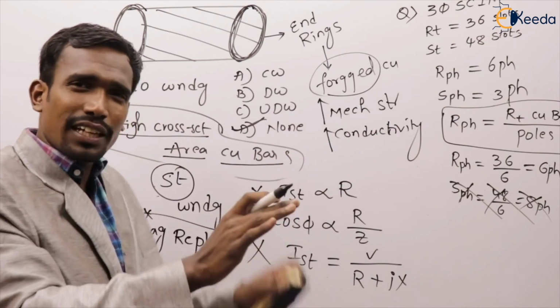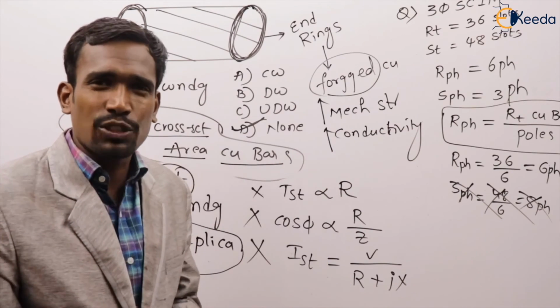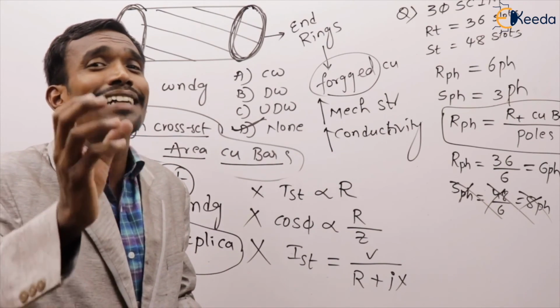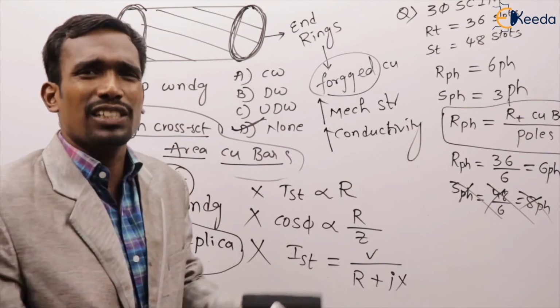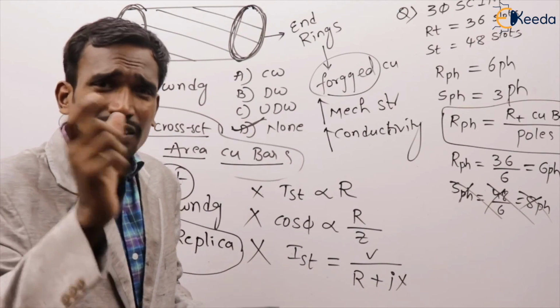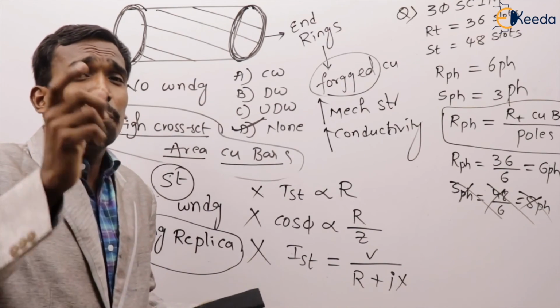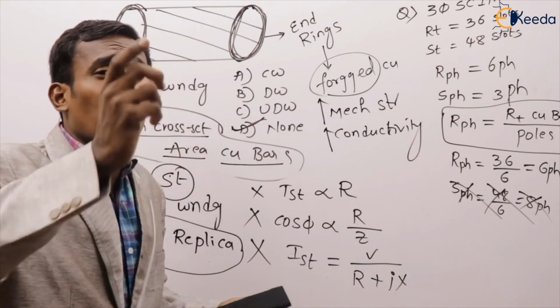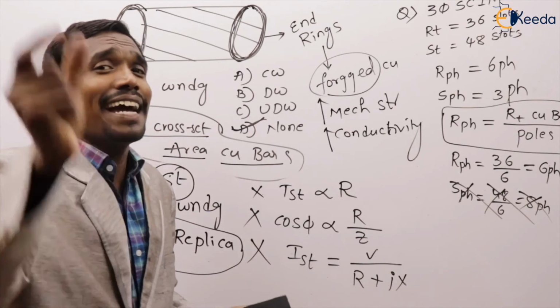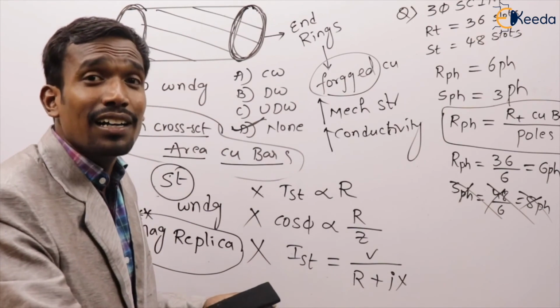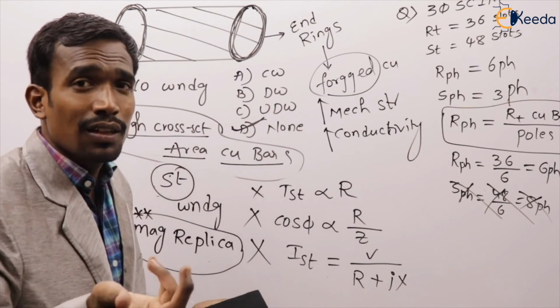Actually there are no poles in the rotor, but we have a magnetic image, just an image, that's it. That is called the magnetic replica. Due to the magnetic replica, the poles are formed in the rotor circuit, exactly equal to the stator poles.